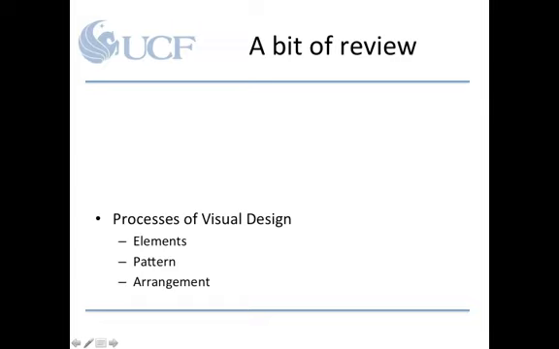And here we have elements, and as far as elements go, we're looking at analogic elements, organizational or realistic. So is it realistic versus not being realistic? Is it pictorial? Is it graphic? Is it verbal? So what kind of visual design are you doing?